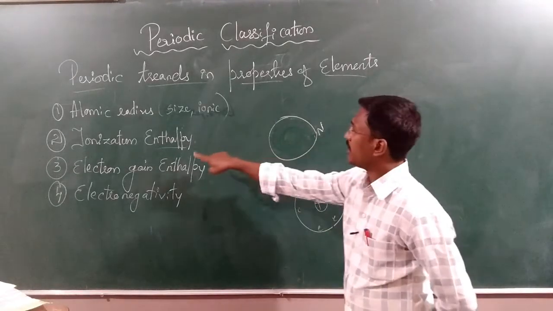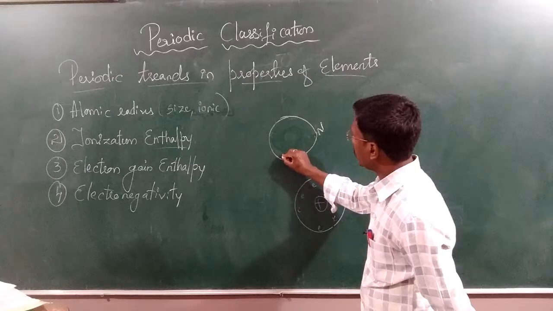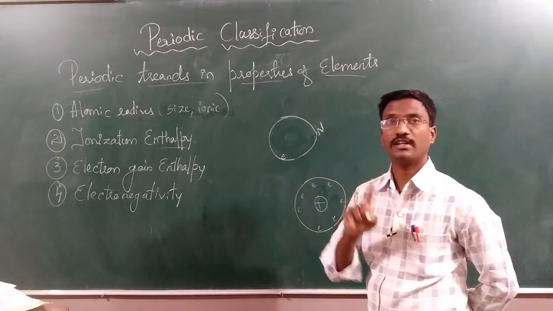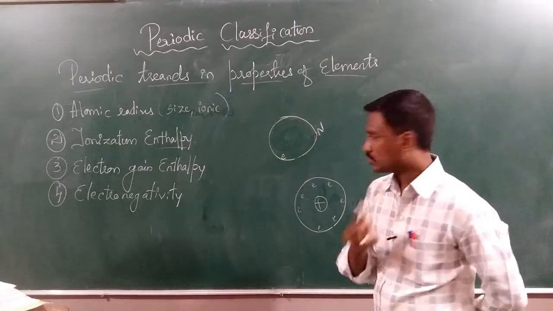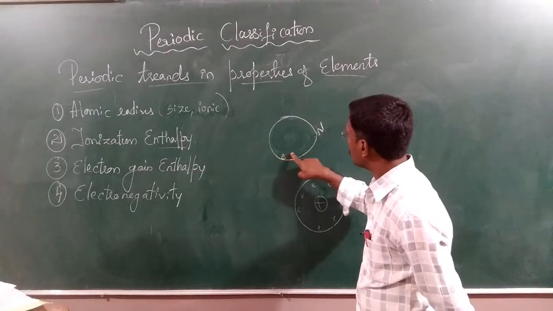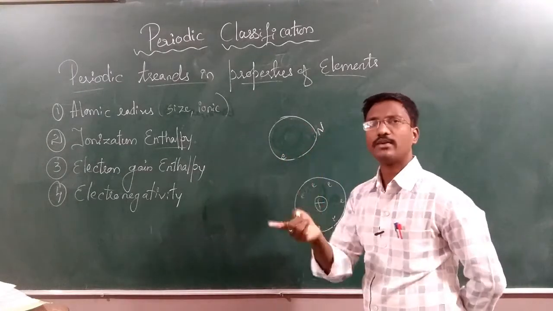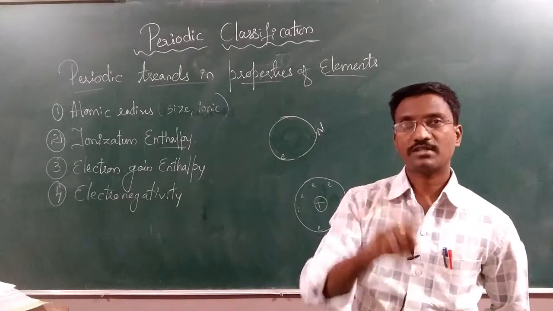Here, ionization enthalpy is nothing but the energy to remove the electron present in the outermost shell, not the inner shell. It is not possible to touch those. If it has only one shell, we can remove the electron present in that shell.